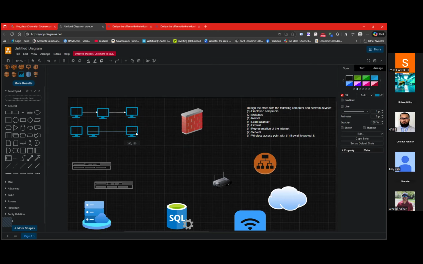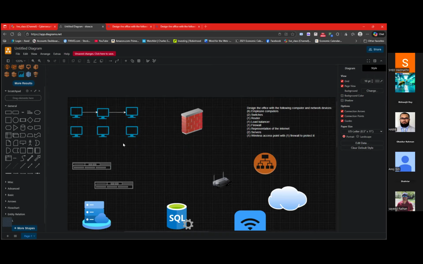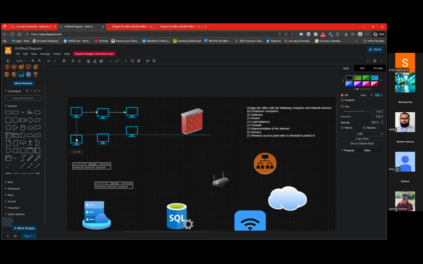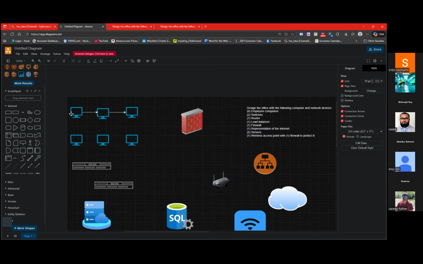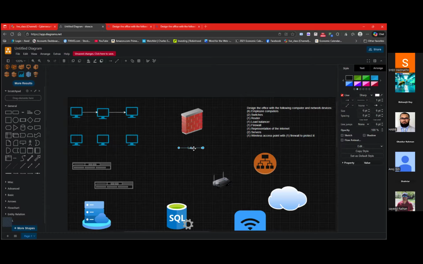Okay. This is gonna be like a circle, right? You can keep it separate, it depends. So we can put them separate, maybe two different.